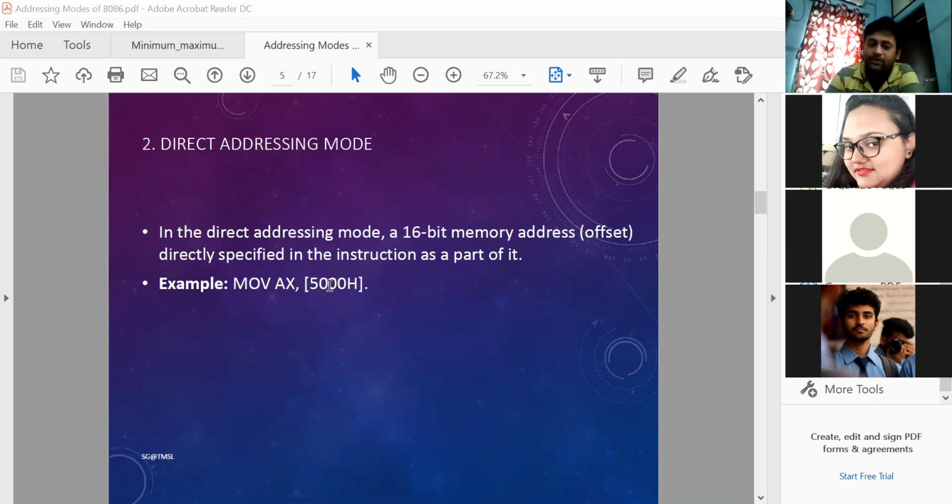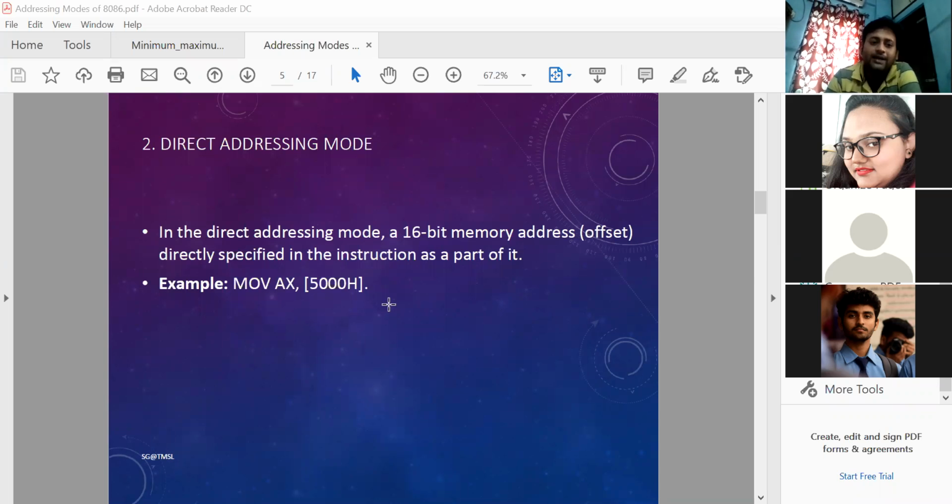First the data byte in memory location 5000 will be loaded inside AL, and the data byte stored in 5001 must be loaded inside the AH register. So the full 16-bit register is loaded by the content of two consecutive memory locations. Here 5000 is given directly in your instruction, that's why it is direct addressing mode.